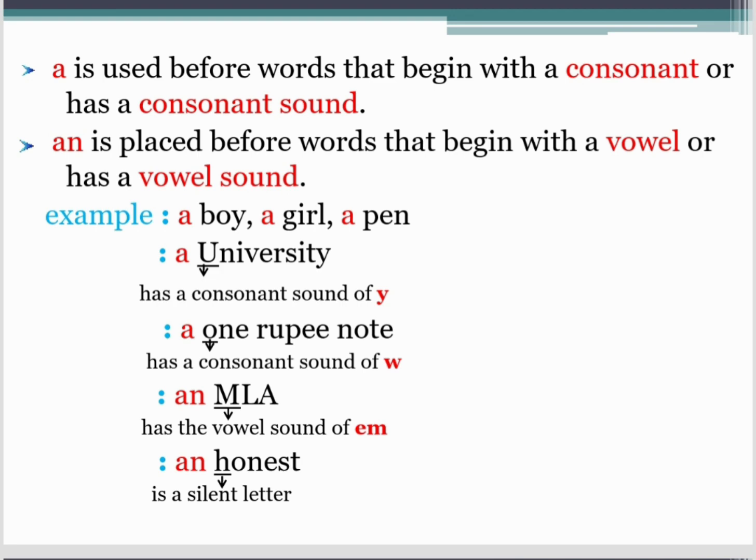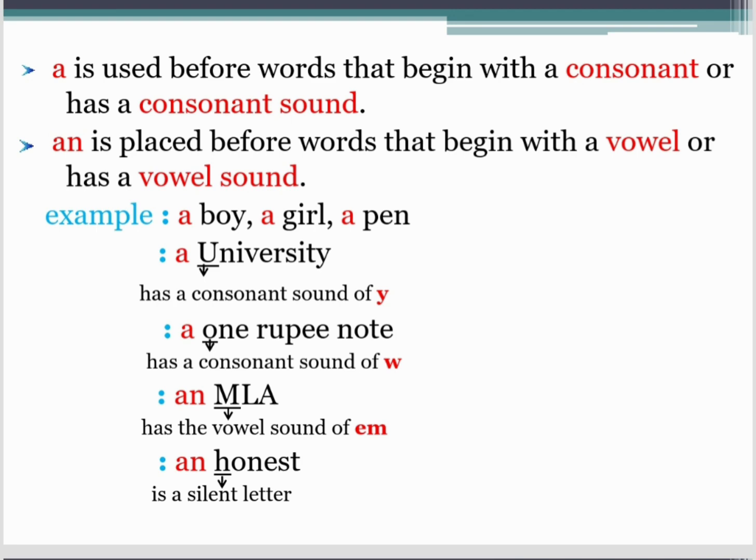For example, we say a boy, a girl, a pen, because all these words begin with consonants. But we say a university. Here the word begins with a vowel, but it has the consonant sound of U.